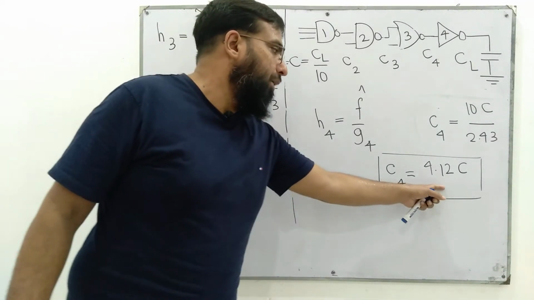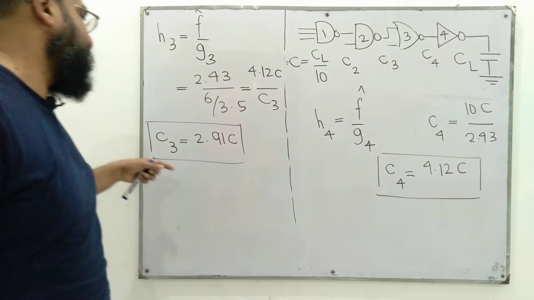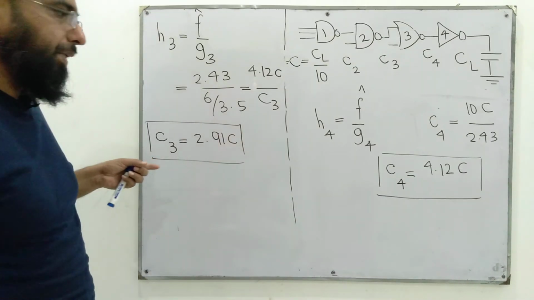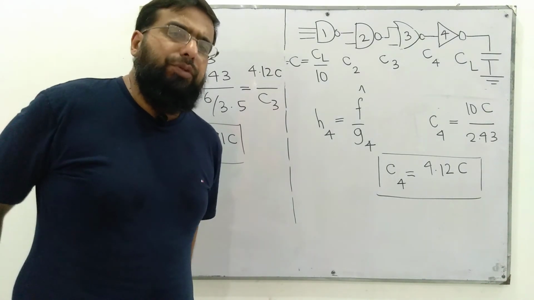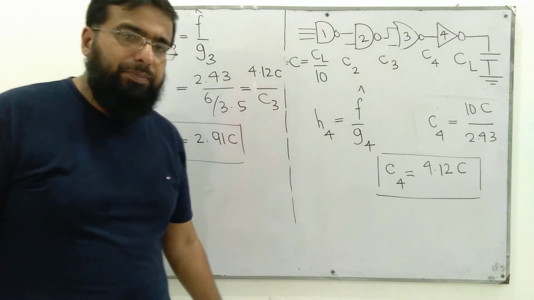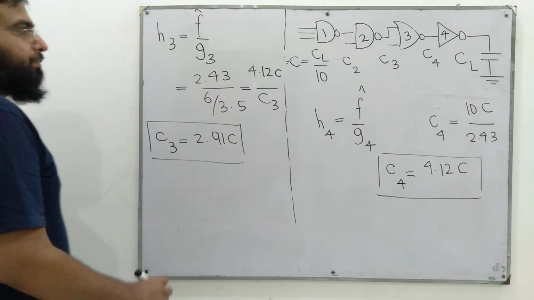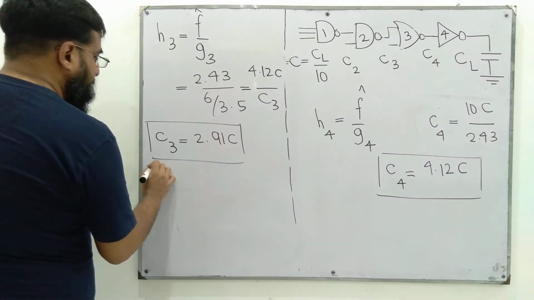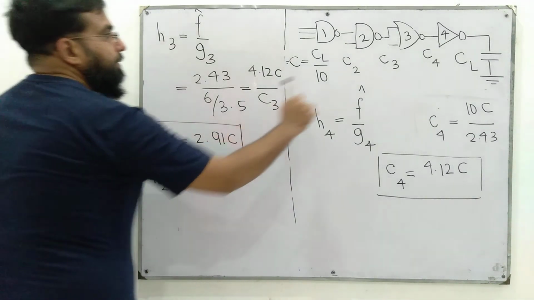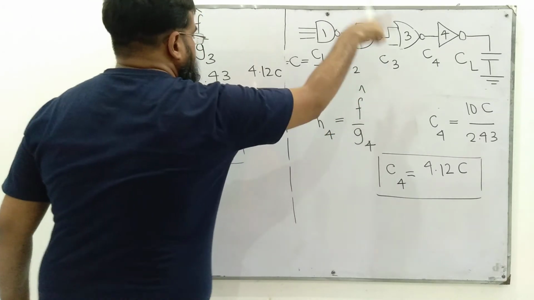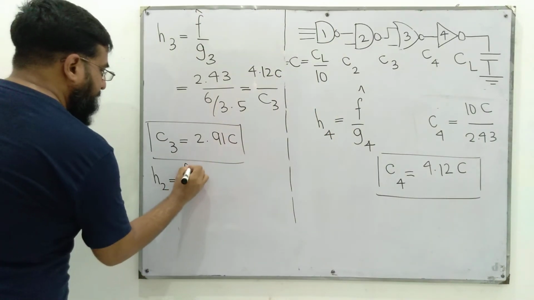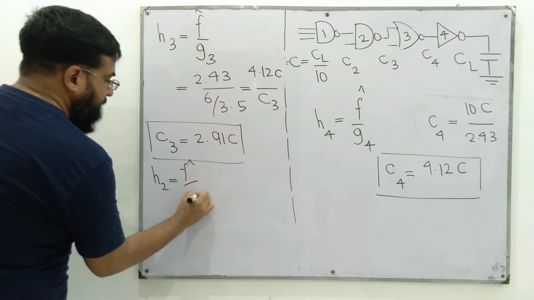For this gate, the aspect ratio would be different because the input capacitances are different, and input capacitance we know is directly proportional to the aspect ratio. For C2, we'll write an expression of H, electrical effort, for this gate number 2. This is F over G2.